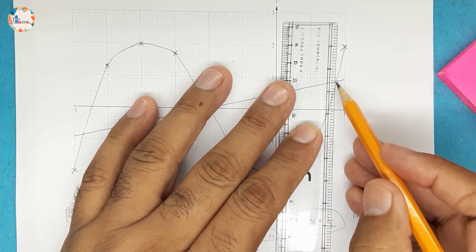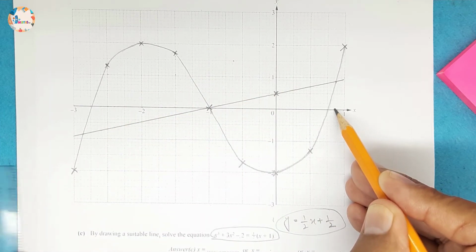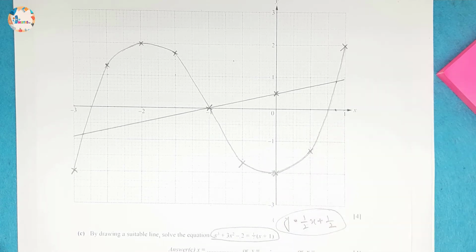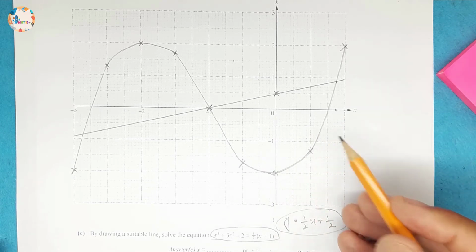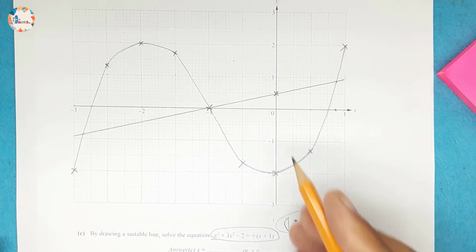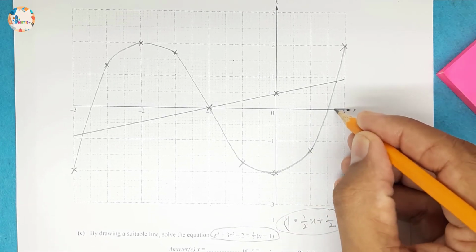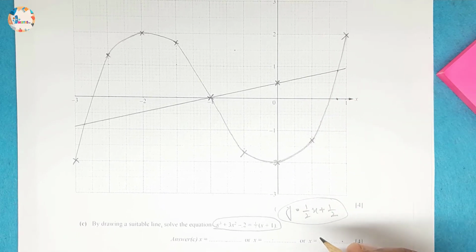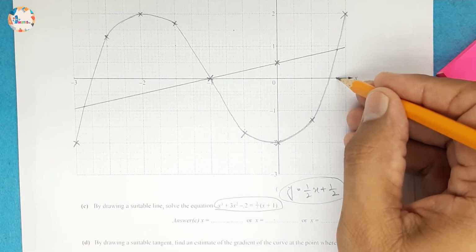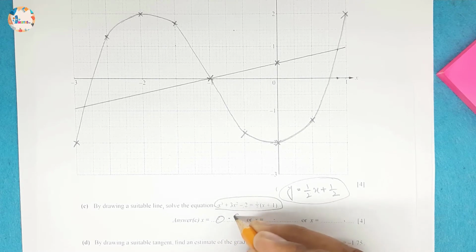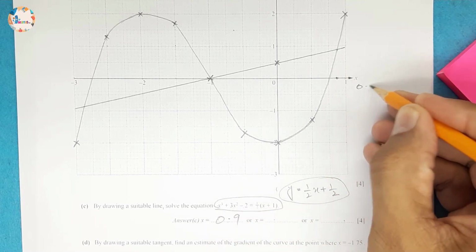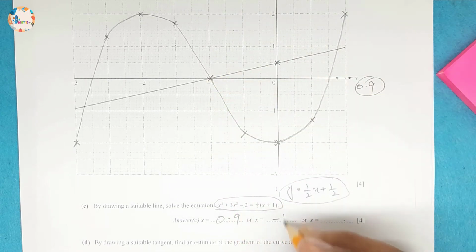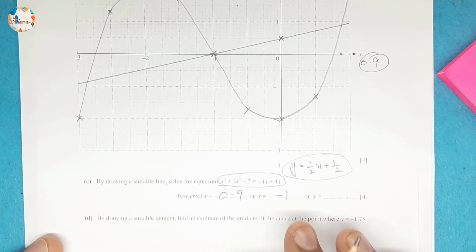So this x value will be over here, something like 1.8, no, not 1.8, it's lesser than 1, so it will be 0.8. Even 0.9 we can mention. So I will be taking this point 0.9, and then this point is basically minus 1, which is exact value, so minus 1. I'm writing over here, hopefully you can see this.